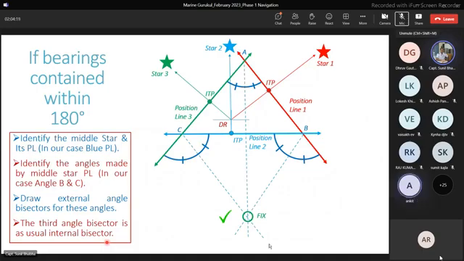Okay, sir. Sir, I just drew side by side. It is coming. Great, beta. Excellent. You are fast. Any more doubts, beta? No doubts, sir.